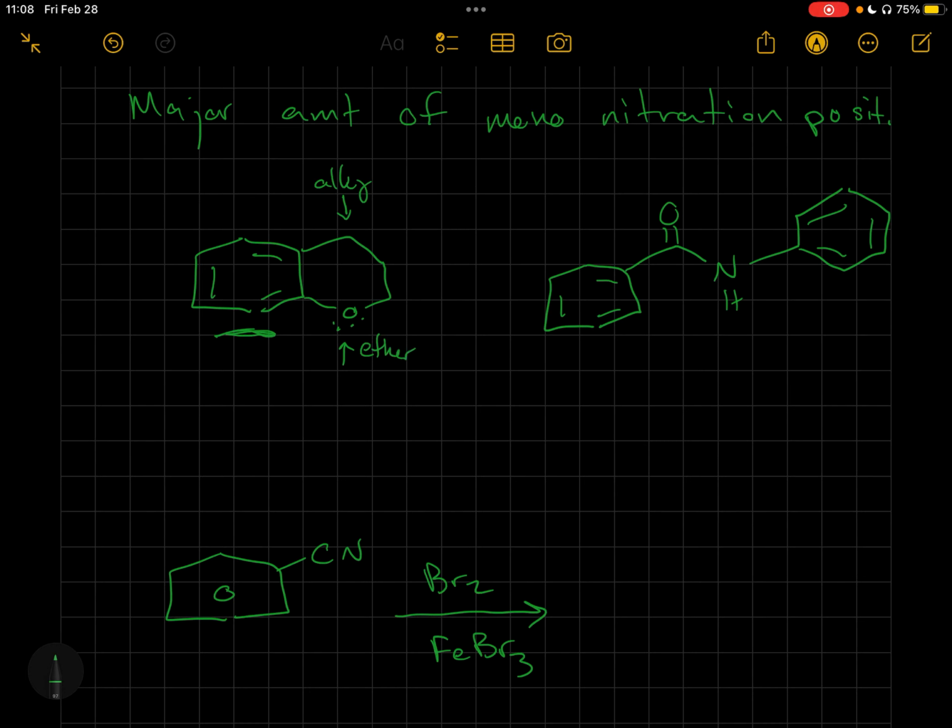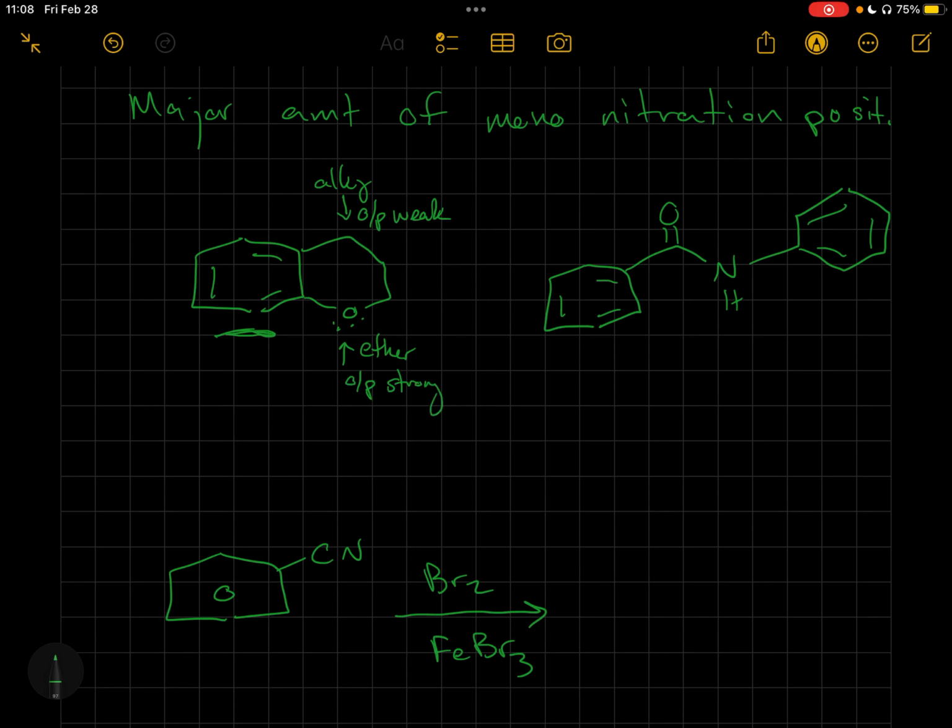And if you remember from lab, and also your reading in Klein, we talked about the different directing groups, and one general signature of a lot of the ortho-para directors was that there was a lone pair on the atom that was directly attached to the benzene ring. We also saw that our R groups could also be ortho-para directing, but they were weaker donors. So our alkyl group is an ortho-para weak director, and then our ether is ortho-para strong.